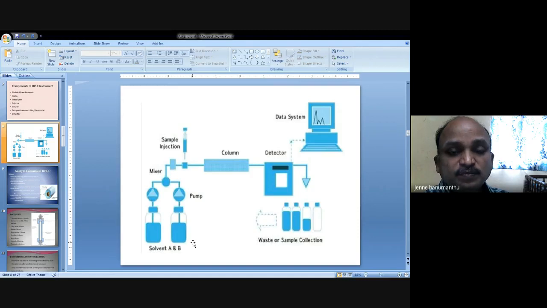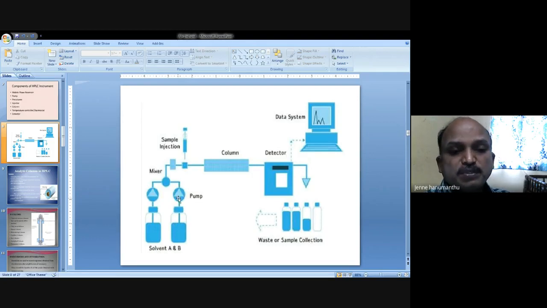So this is a diagram for HPLC, high pressure liquid chromatography. Here are solvent A and B, which are nothing but liquid reservoirs.